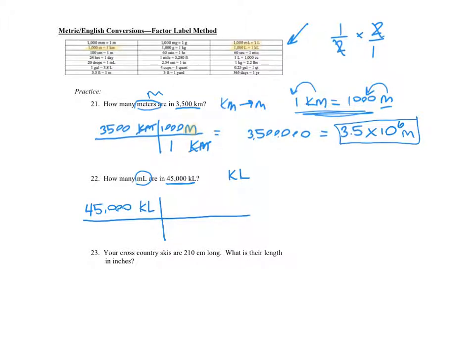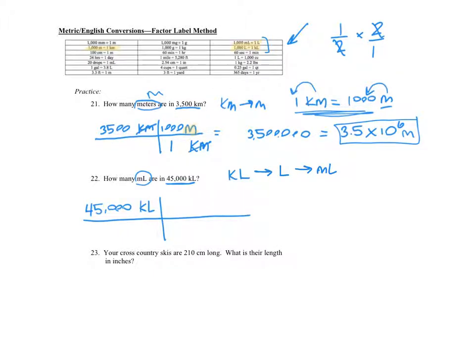So what's going to happen sometimes is you're going to have to do double steps. So what I can do, based on these conversions right here, is I can go from kiloliter to liter, and then liter to milliliter. It's actually going to be two separate steps here. The number of steps and what you do kind of depends on the conversions that you're given or the conversions that you know. Sometimes there's more than one path you can take to get the right answer.